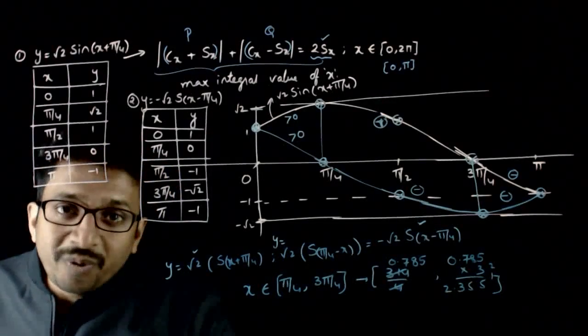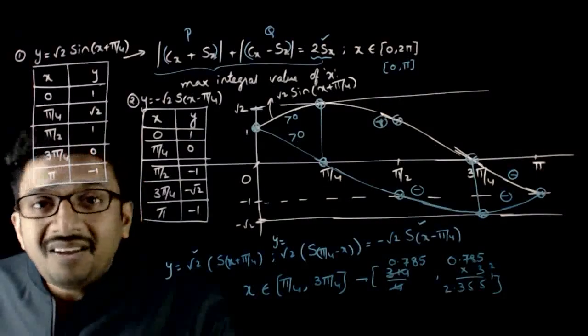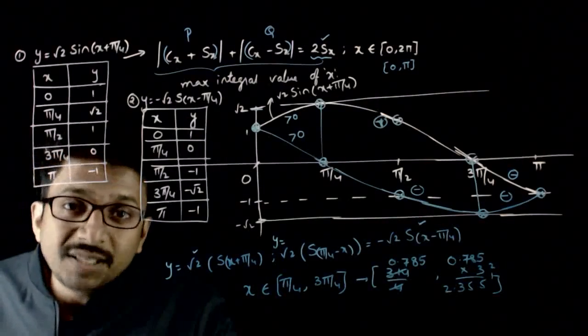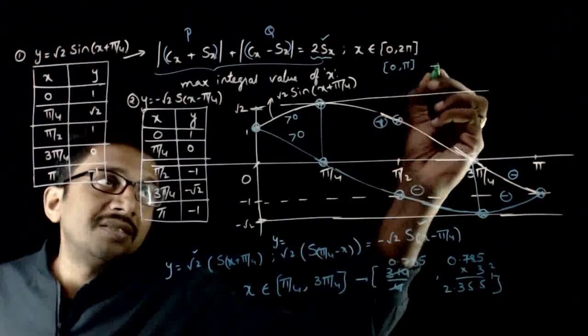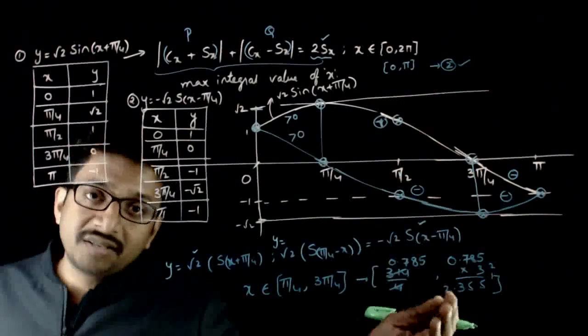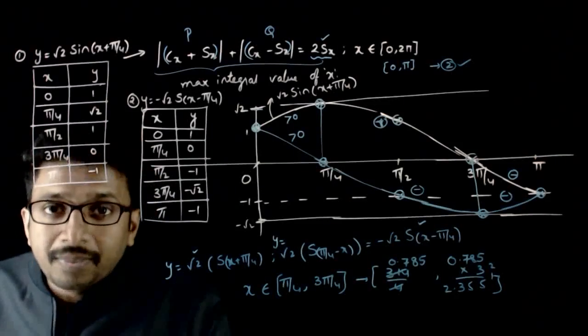So x goes from 0.785 to 2.355. What is the maximum integral value of x which satisfies this? 2 is the answer. Thank you.